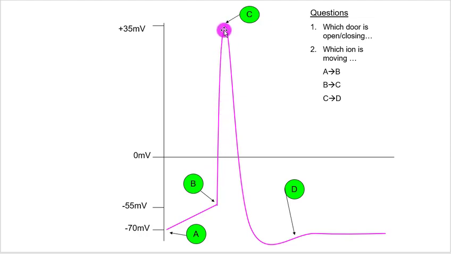So at point C, this is the point where potassium doors are now open, allowing potassium to move. But the trigger for opening them was actually -55, okay? So the reason voltage-gated potassium doors open later than voltage-gated sodium doors is simply because they open more slowly, but the trigger is the same.